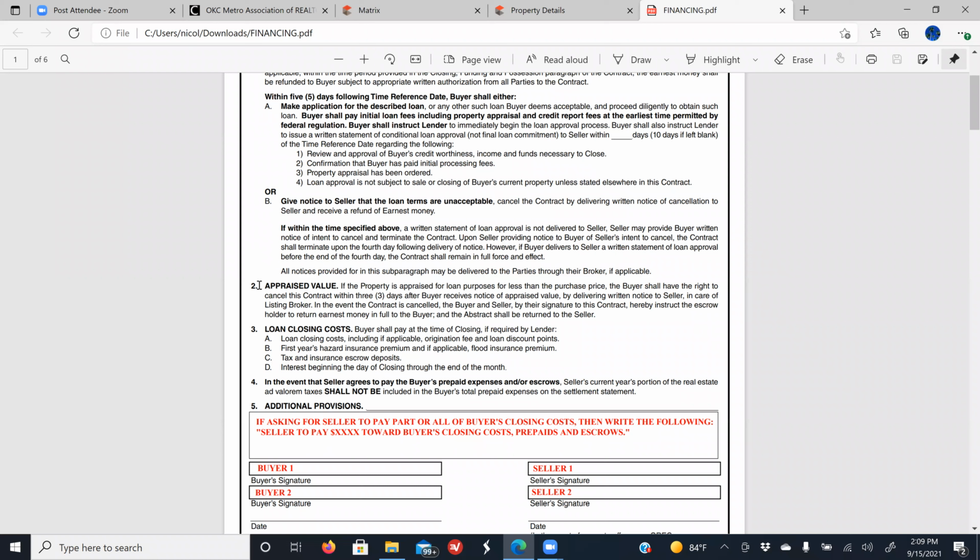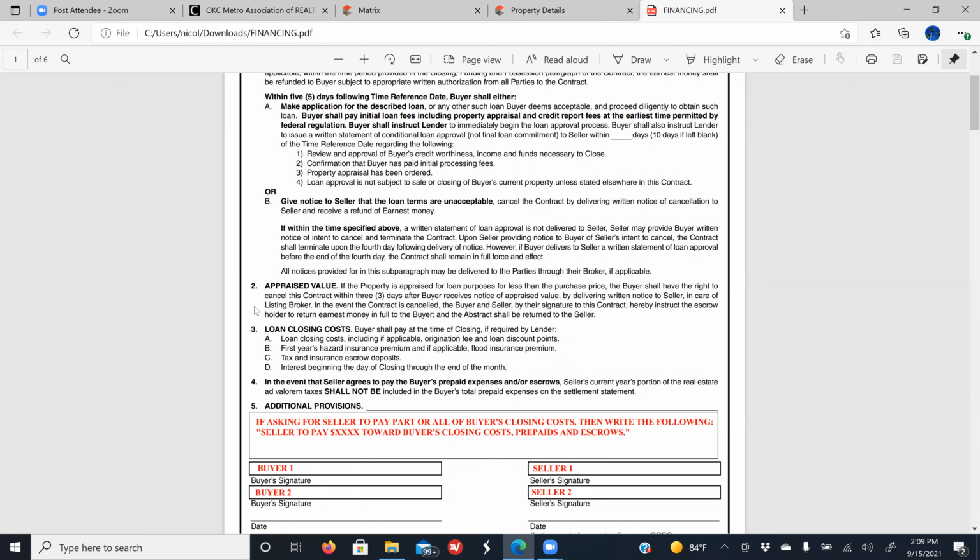The next section here, you're not going to write anything in, but in section 2, it does talk about the appraised value. It simply states that there will be an appraisal done and that the contract price must match the appraisal value, or we must revisit the purchase price and renegotiate the contract.